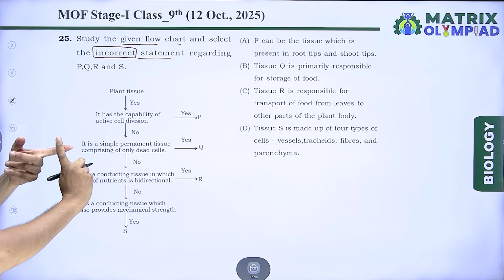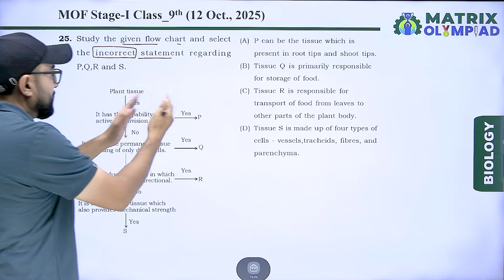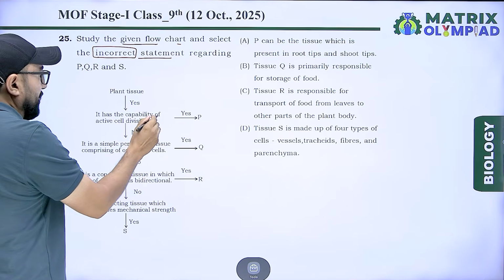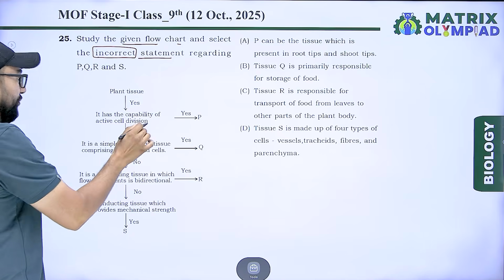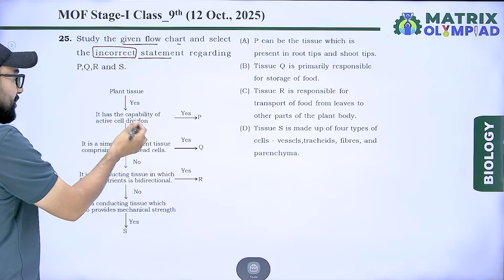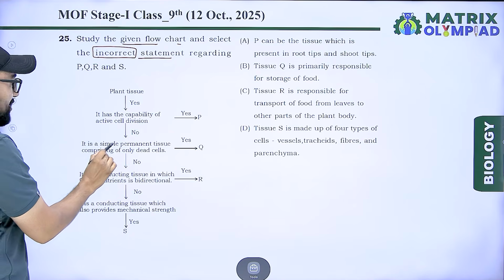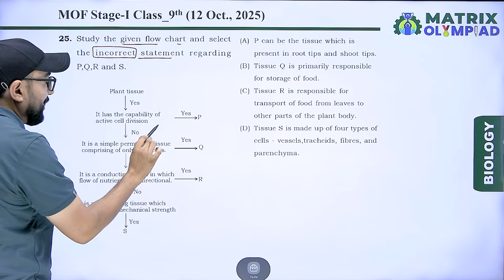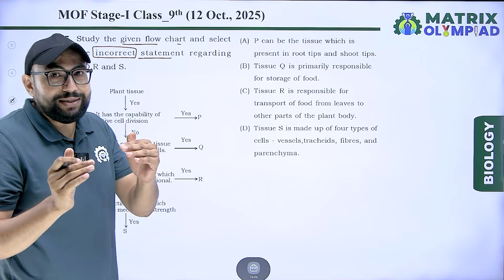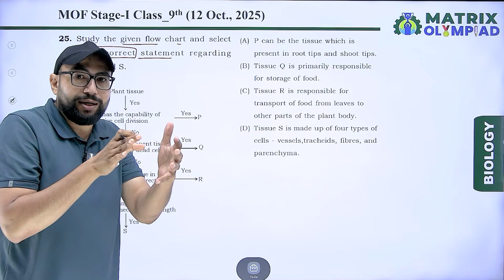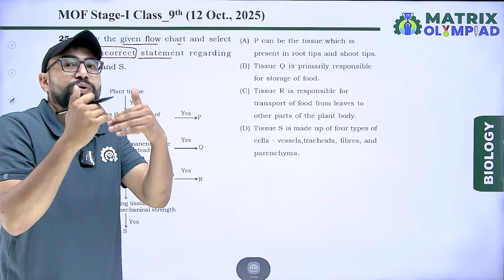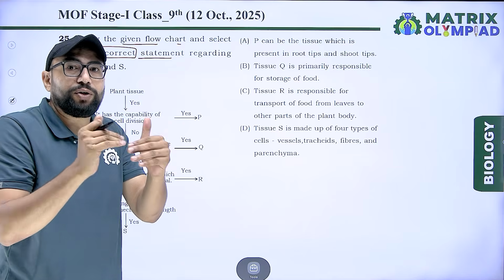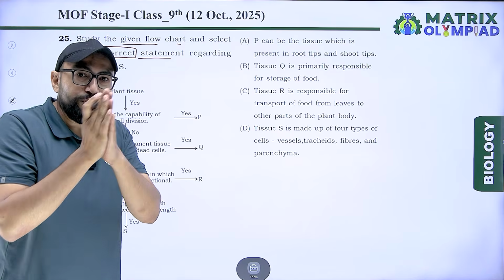Yes, then it is P. If the capability of cell division is no, then it is simple permanent tissue comprising of only dead cells, meaning the cells do not divide into multiple new cells.